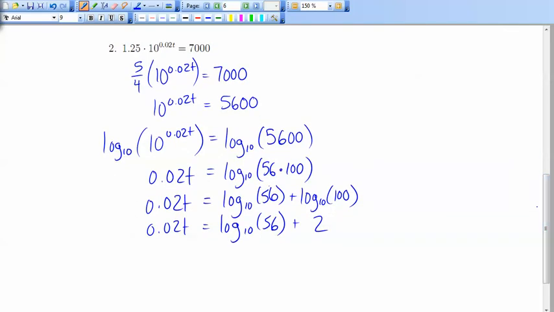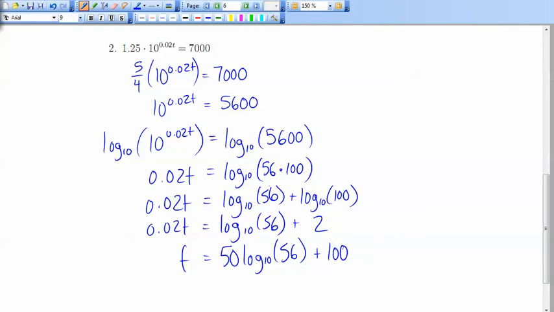And now all I have to do is divide both sides by 0.02. Now 0.02 is 1 over 50. So dividing by 1 over 50 is the same as multiplying by 50 over 1, multiplying by 50. So I'll just multiply both sides by 50 here. And there we have our answer.